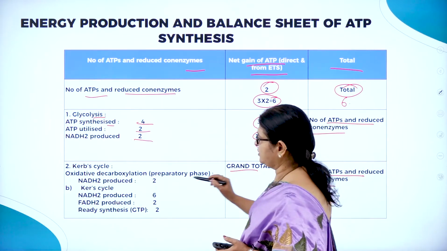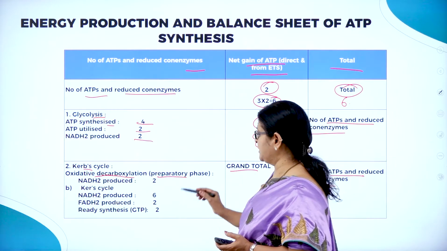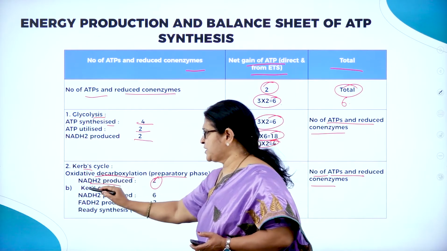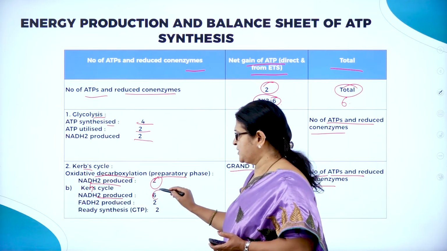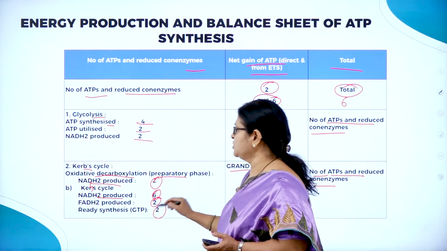So grand total here. In the Krebs cycle, we have oxidative decarboxylation, that is the preparatory phase, where NADH2 produced is 2. Then in the Krebs cycle, NADH2 produced is 6, FADH2 produced is 2, and synthesis of GTP is 2.